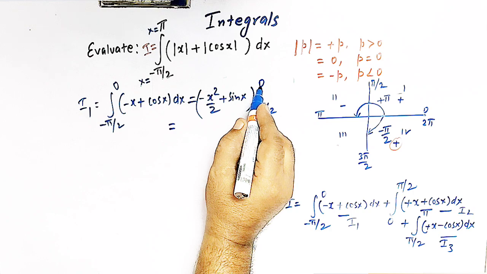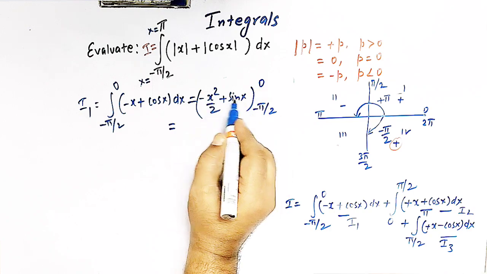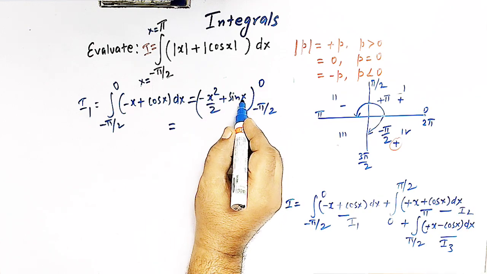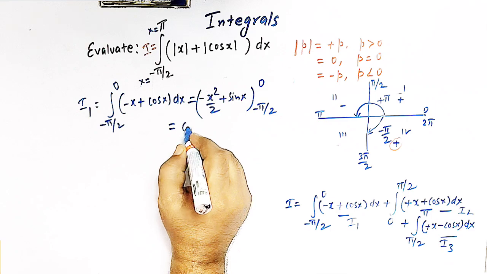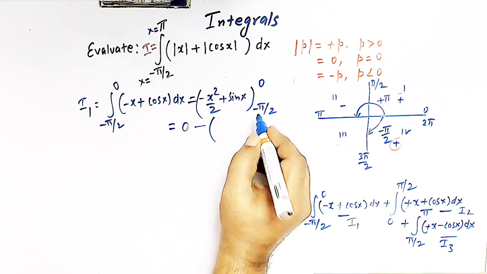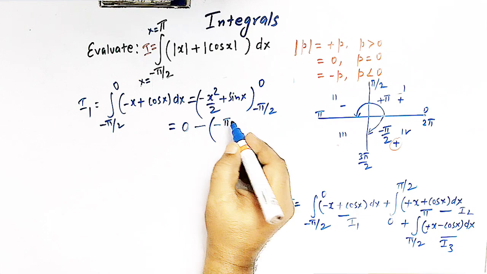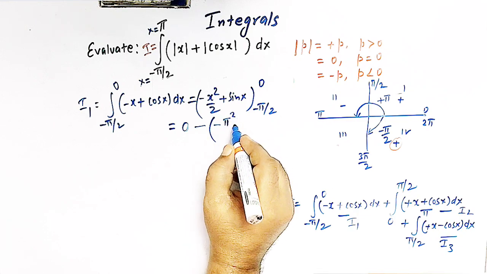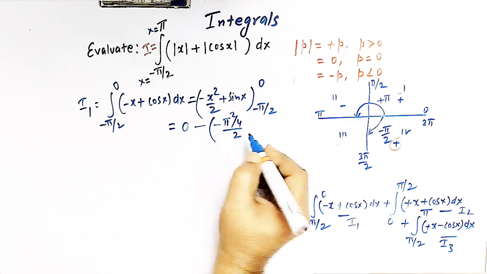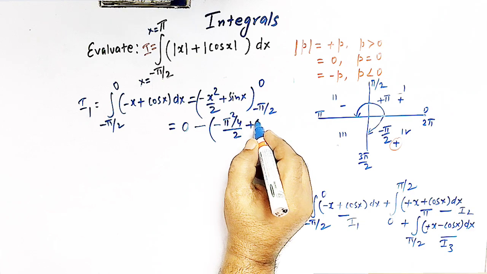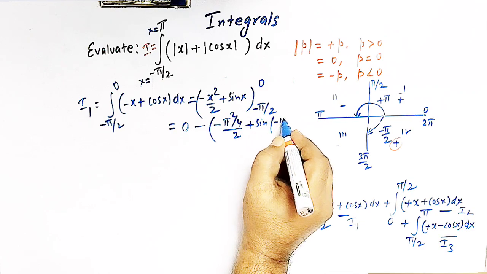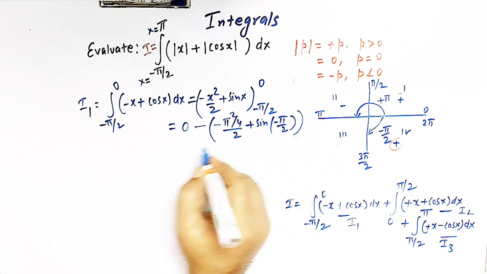So when we take x is equal to 0, this term is 0, this term is 0, because sine 0 is 0. So here we have 0, and then we have minus pi by 2, so this is minus pi square over 4 divided by 2, and here we have sine of minus pi by 2, right?